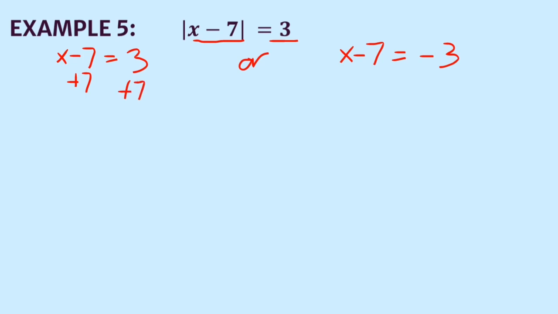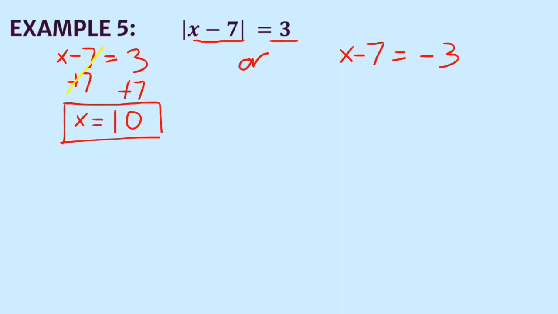So take note that whatever you do on the left hand side, you also have to do on the right hand side. This will be canceled out because negative 7 plus 7 is equal to 0. Now we are left with x, and what is 3 plus 7? It is 10. Now we have our x here.